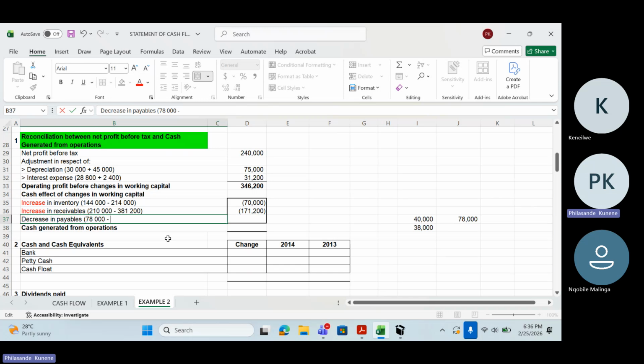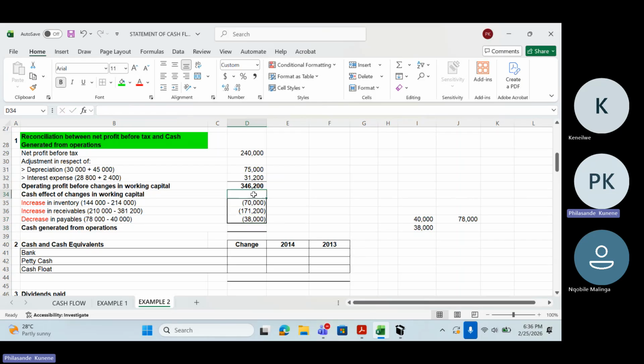That's correct. So I'm going to say 78,000 minus 40,000 rands, and then how much are we getting? We're getting 38,000 rands. This is going to be an outflow. Everything here is an outflow. So the total will be 279,200.